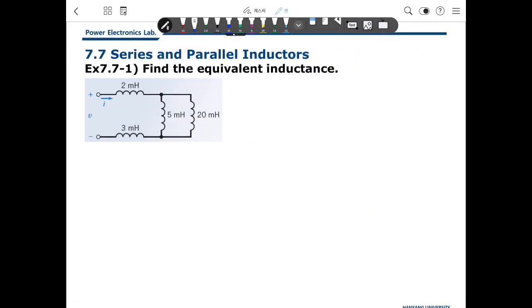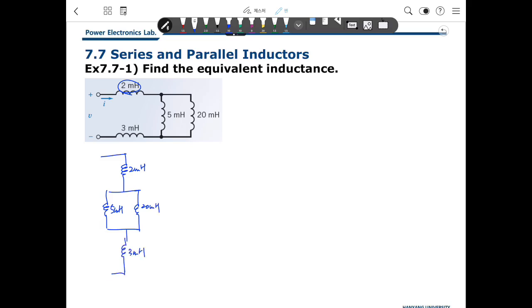So this is an example. To find the equivalent inductance, it's very simple. We can redraw this circuit here: 2 millihenry, and the branch here 5 millihenry and 20 millihenry.